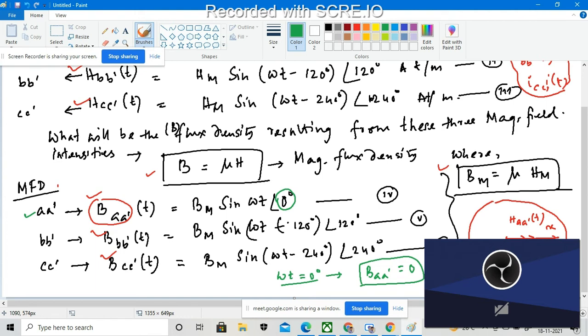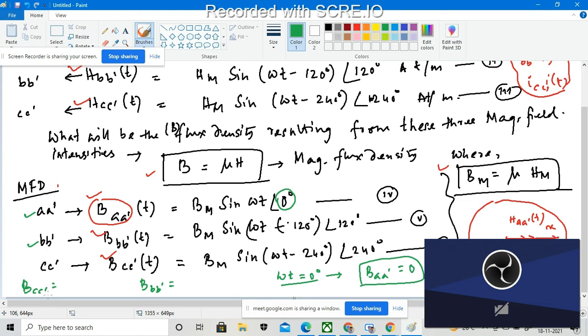Okay, then tell me, for the B dash, what will be the magnetic field from the coil B dash? So what will be my B of B dash? And what will be the equation for the coil CC dash? Tell me the equations.